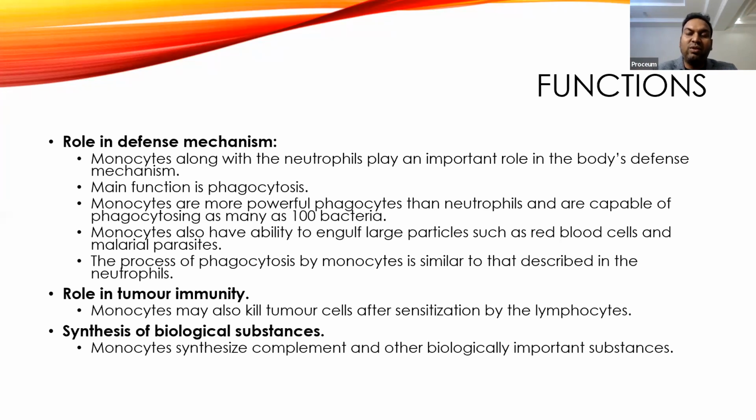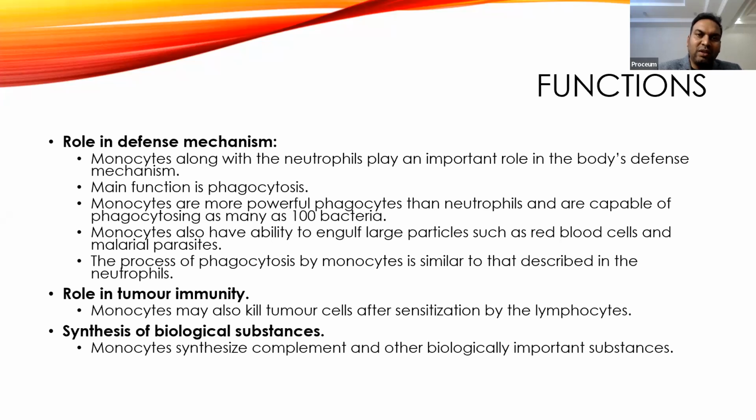As compared to the neutrophil, it is a very strong phagocytic cell. A neutrophil can phagocytose 10 to 20 bacteria, but a monocyte can phagocytose as many as 100. It also phagocytoses large cells; it can phagocytose RBCs also. So RBCs infected with the malarial parasite can also get phagocytosed by the monocytes. The process of phagocytosis is similar to that of the neutrophil, so we'll not discuss it again.